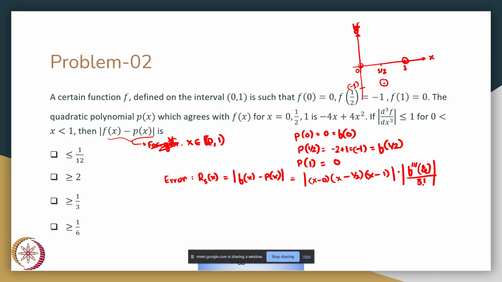So I'll just write this: error in interpolating polynomial with distinct n plus 1 points.